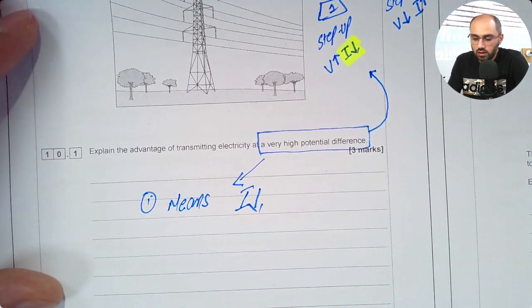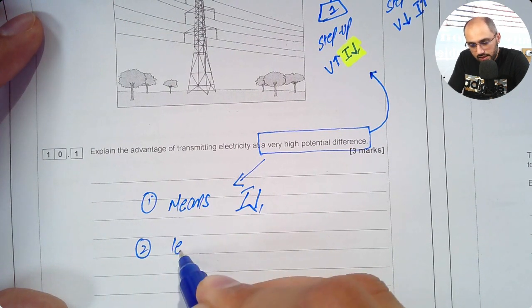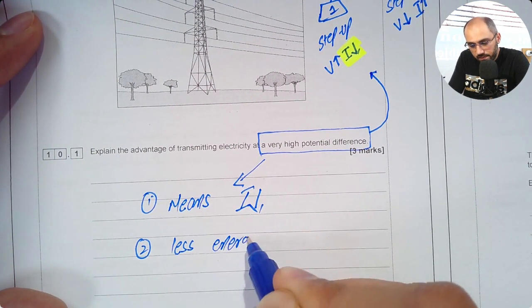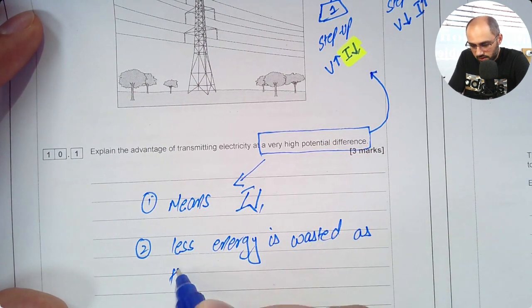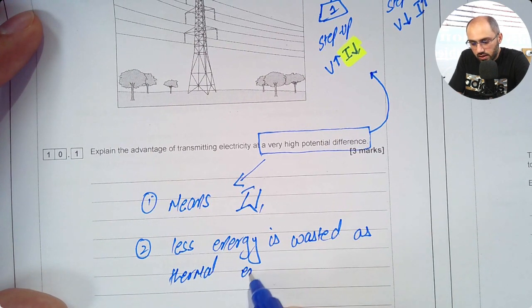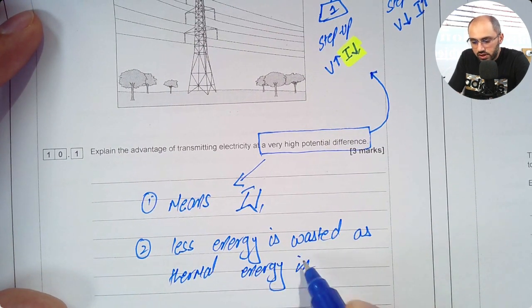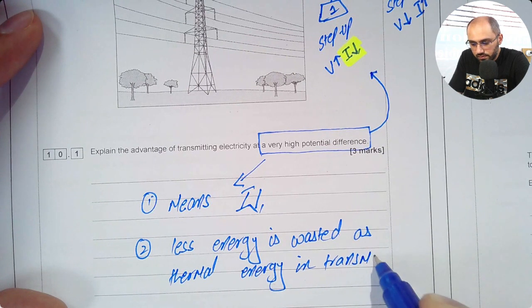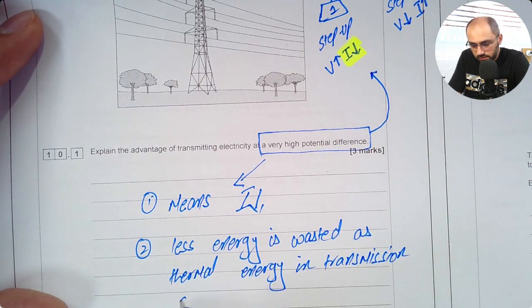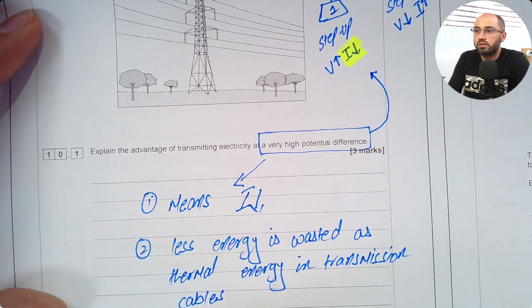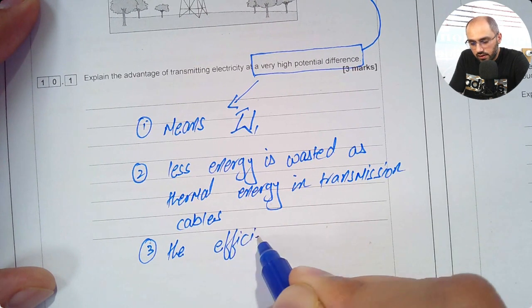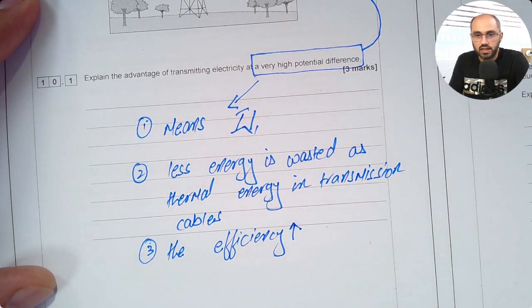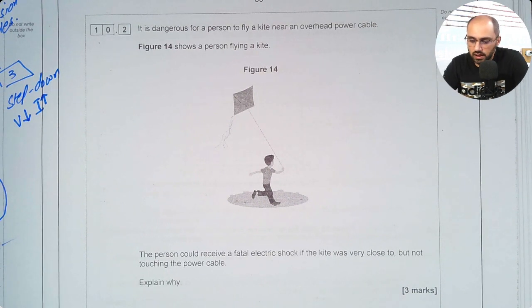So if the current is low, then we can say less energy is wasted as thermal energy in transmission cables. And as a result of this, what will happen? The efficiency is greater.